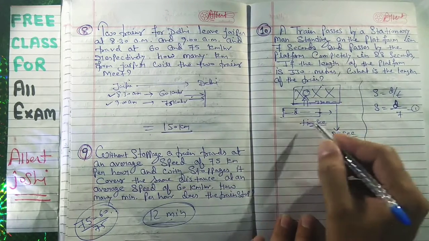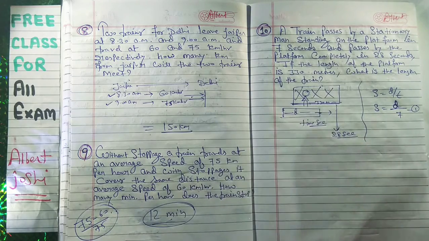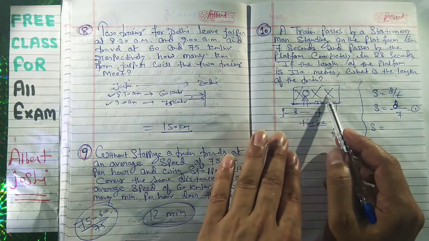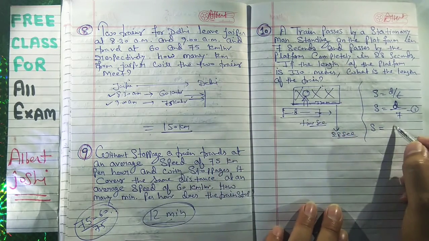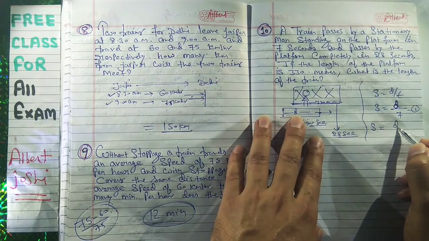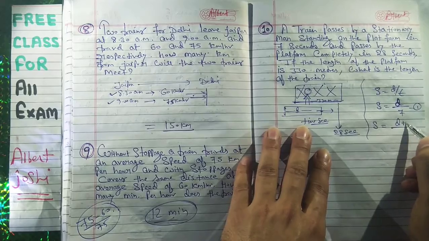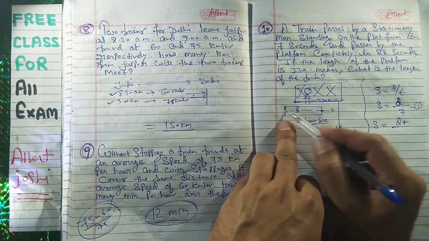Now the second equation, when the train is passing the platform. In this condition, you know that your platform is not moving, so that is also stationary. So your speed is equal to distance, and distance means the length of the train plus the length of the platform, upon time. In this condition, you have to add the length of the platform and also the length of the train.